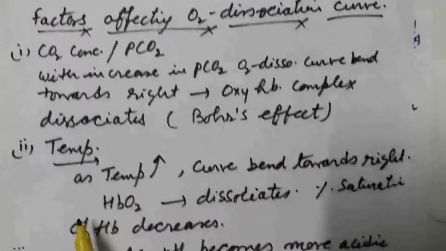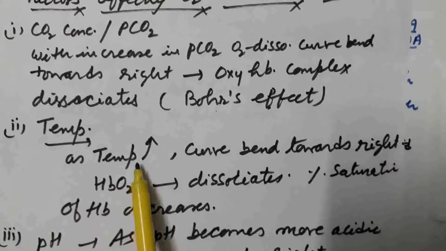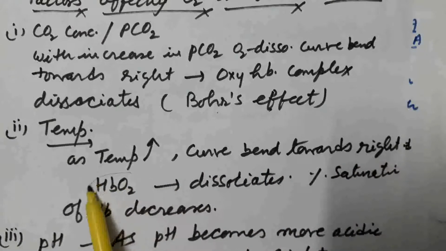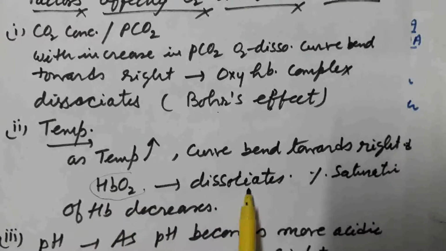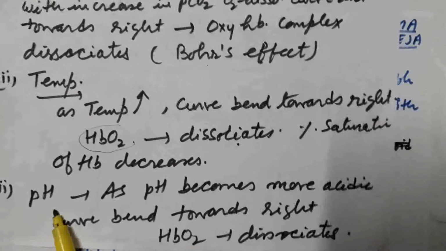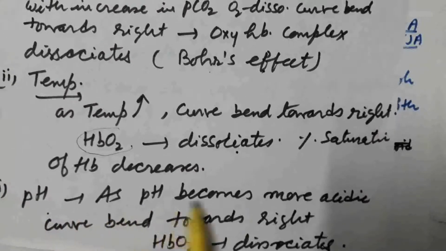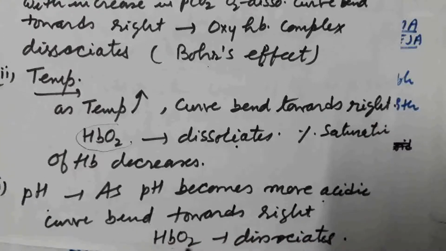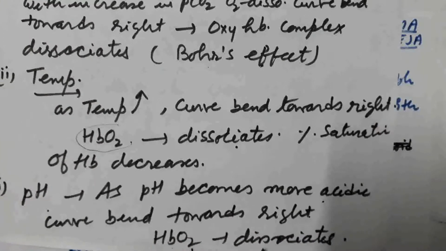Second factor is temperature. With an increase in temperature, the curve bends towards the right and the oxyhemoglobin complex dissociates. In a similar way, the third factor is the pH. As pH becomes more acidic, the curve bends towards the right and the oxyhemoglobin complex further dissociates.